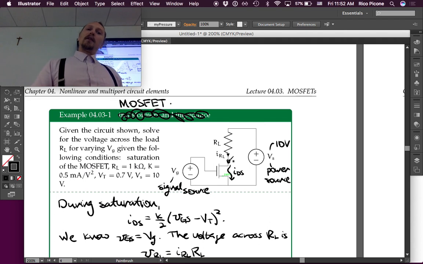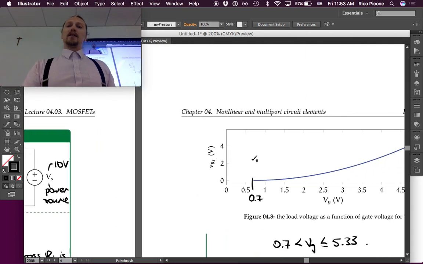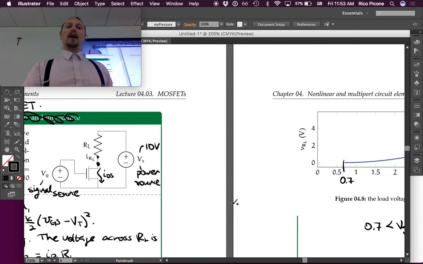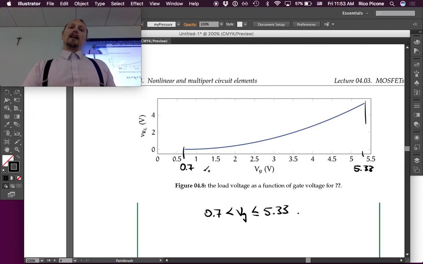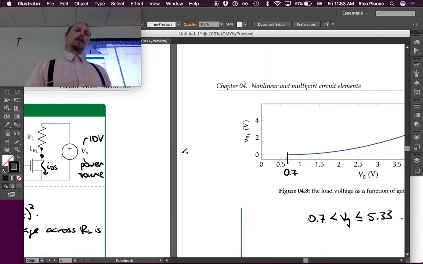If we were to hook VG right up to this load, it would have to supply current, and oftentimes our variable sources can't supply the current. That's why we can't just hook it right up. We use this MOSFET instead, and this bigger power supply that's not variable, to supply that power in a variable fashion.